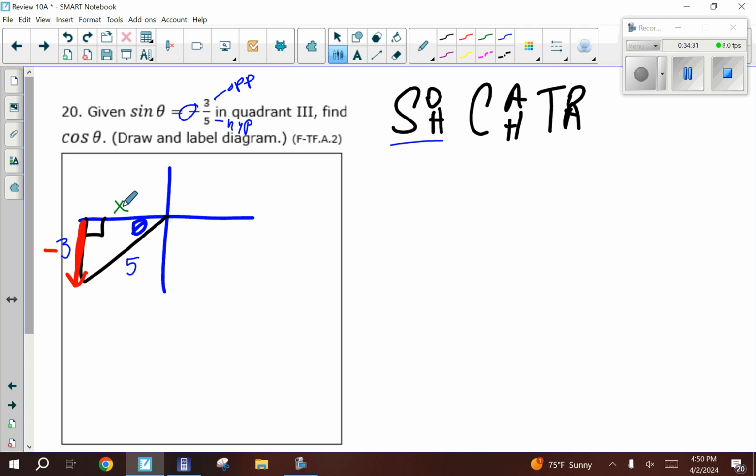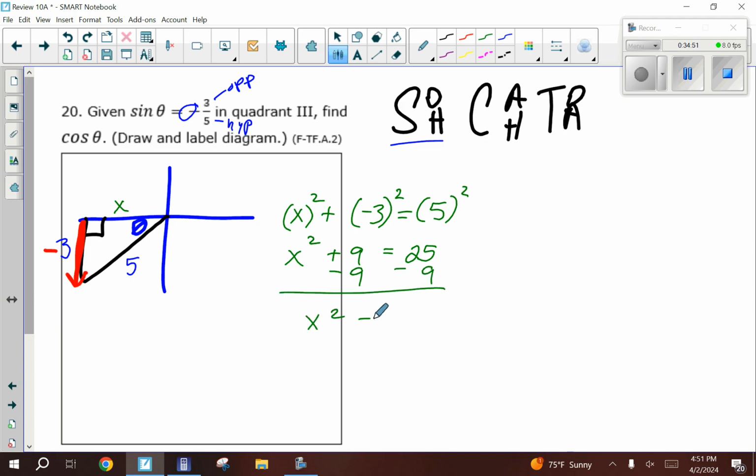So I'm going to put x right here because we don't know what that is yet. So I'm going to have x squared plus negative 3 squared, and make sure you use parentheses anytime there's a negative, equals 5 squared. So you have x squared plus 9 equals 25. And then you subtract 9 and subtract 9. So you get x squared equals 16. You square root, and you get x equals 4.